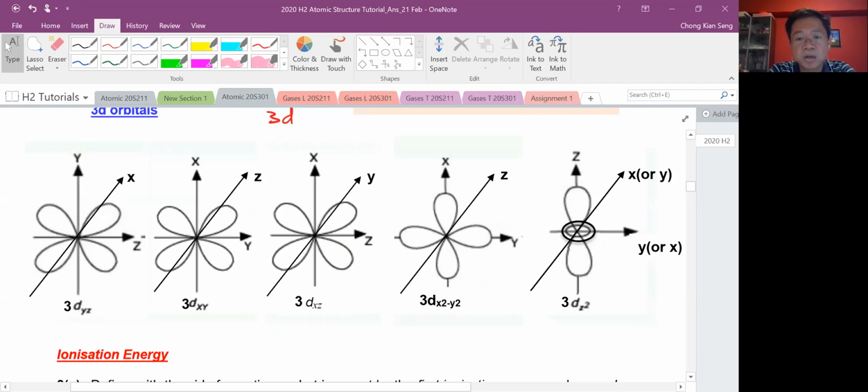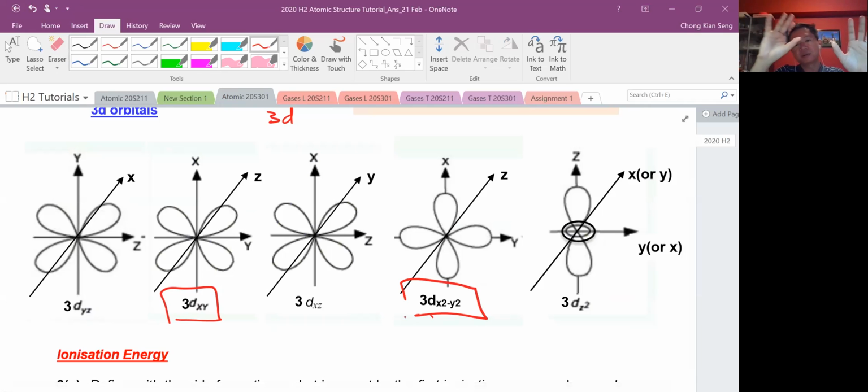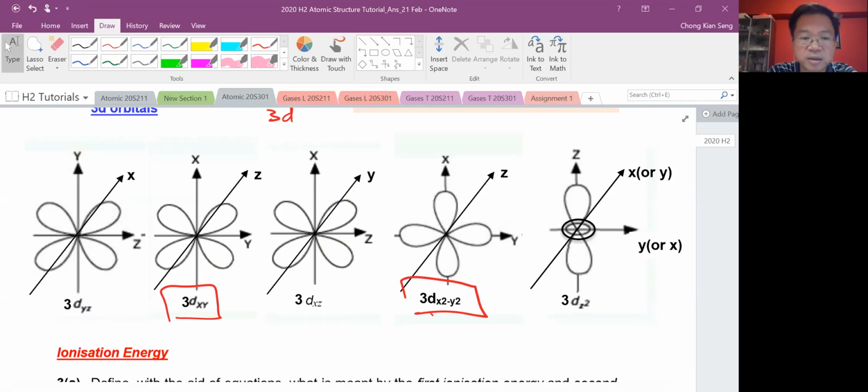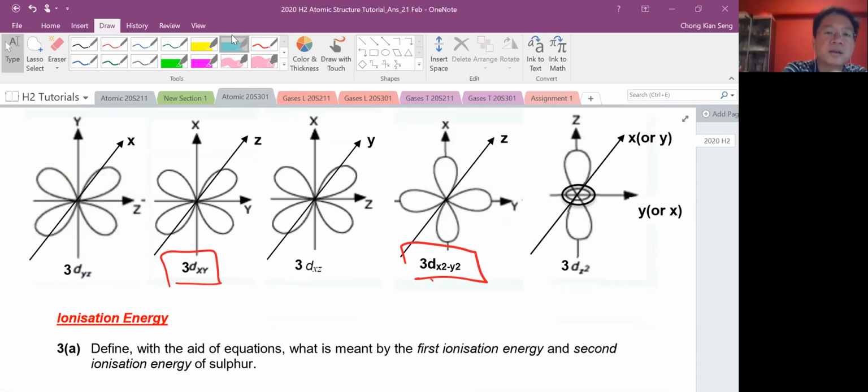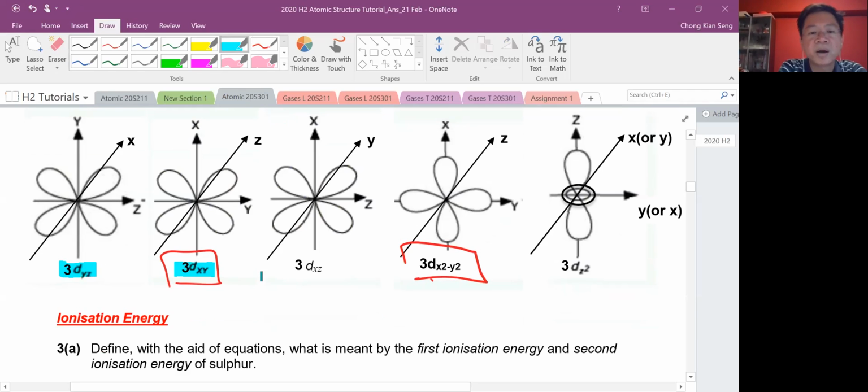Okay, I just want to make mention because some of you may be confused concerning the dxy and the dx²-y². The difference between these two orbitals is that the xy, yz, and xz, these three, the butterfly loops are in between axes.